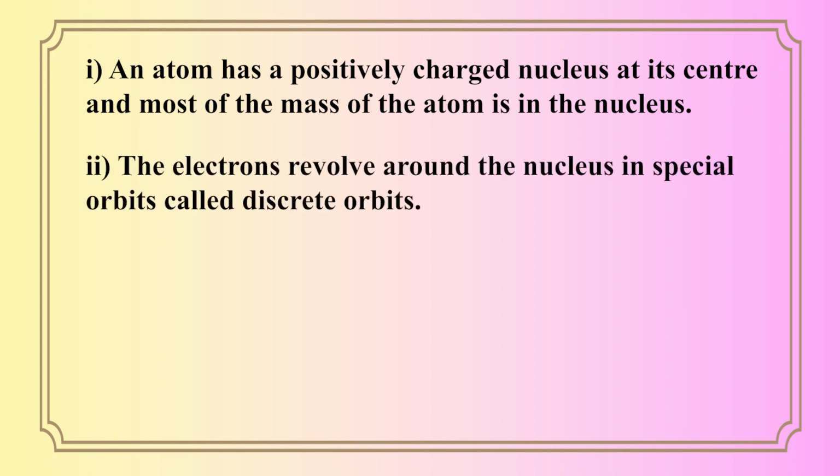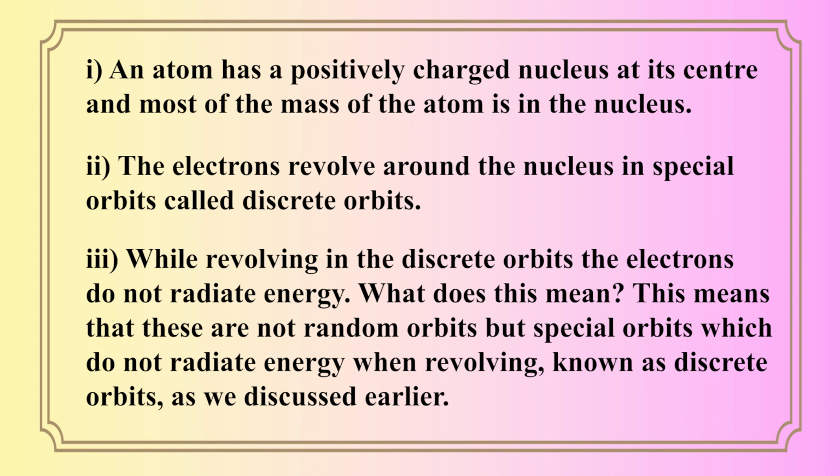Number 2, the electrons revolve around the nucleus in spatial orbits called discrete orbits. Number 3, while revolving in the discrete orbits, the electrons do not radiate energy.